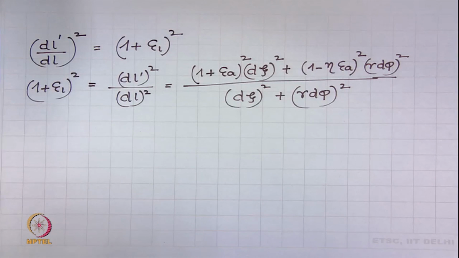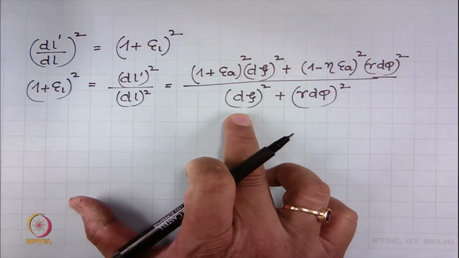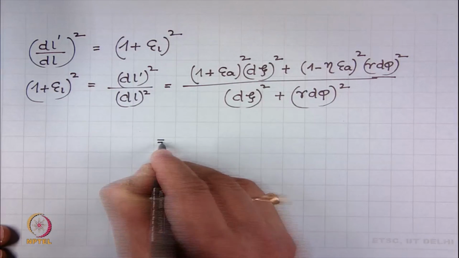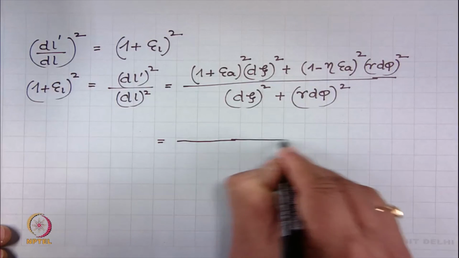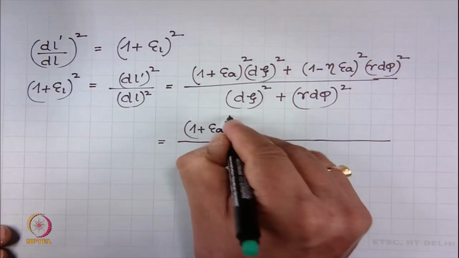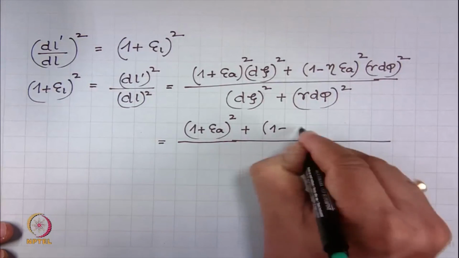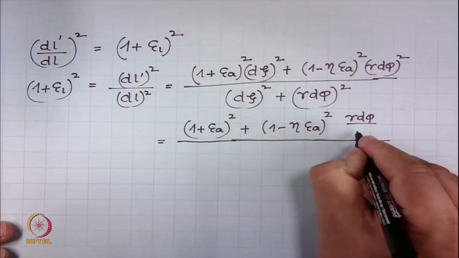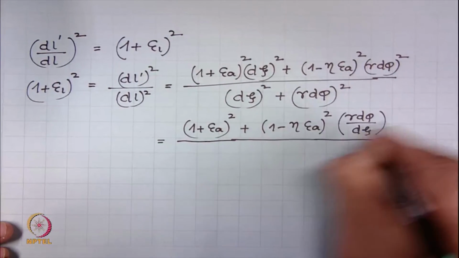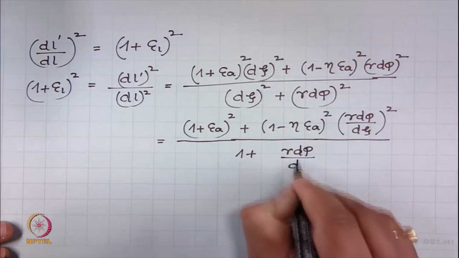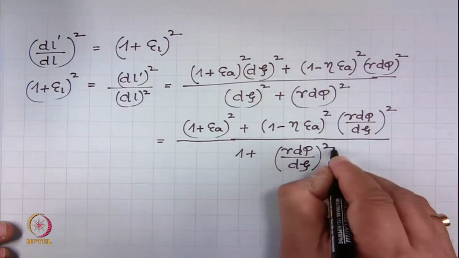Now, we divide numerator as well as denominator by this quantity d zeta square. Let us see what we obtain. One plus epsilon a square plus 1 minus eta epsilon a square r d phi by d zeta square, over 1 plus r d phi by d zeta square.